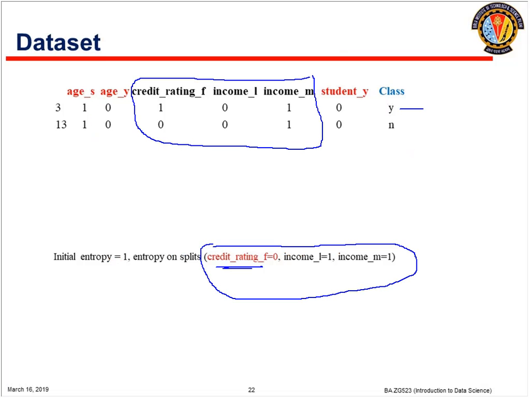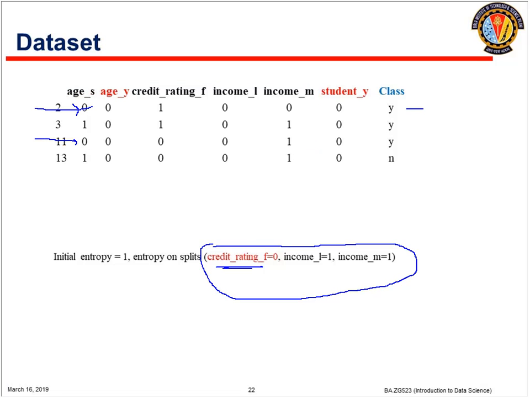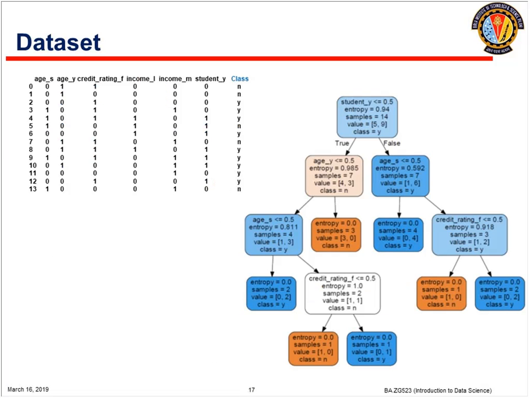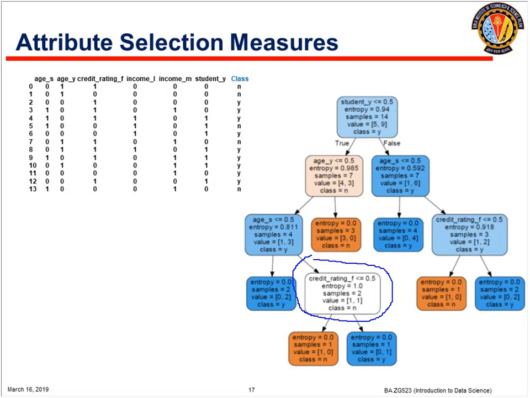So next is the credit rating. On the right hand side, after age_s, it will be credit rating, and in the diagram also you can see that credit rating is used to split.